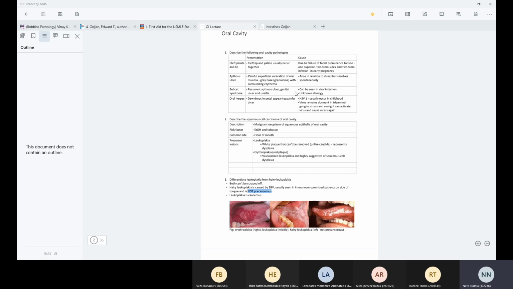The interesting part is actually carcinoma of the oral mucosa. And what do you need to know? Here it is mentioned that alcohol and tobacco are risk factors, but human papillomavirus also is a risk factor and can cause this carcinoma. And why actually?